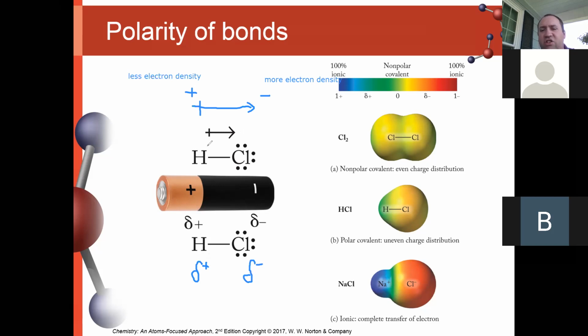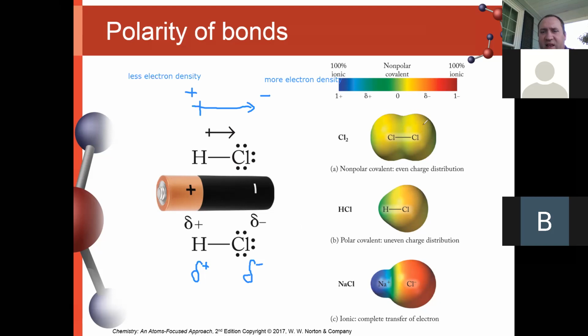Now, how does that actually show up? What does that look like? Well, we have three examples here. These are called electron density maps, where we use color to indicate the attraction of electrons. And so we can see in chlorine, where chlorine is sharing with another chlorine atom, the results here are pretty uniform.